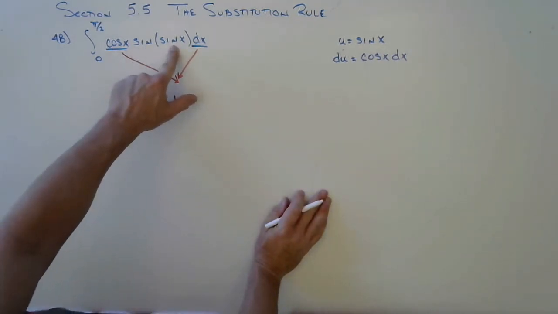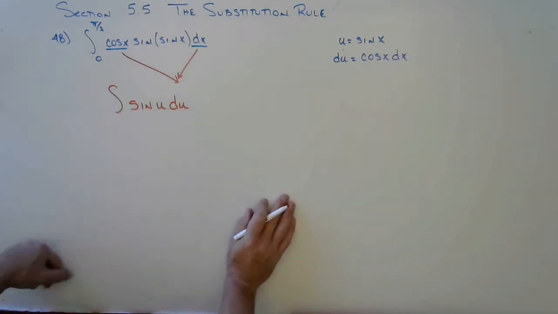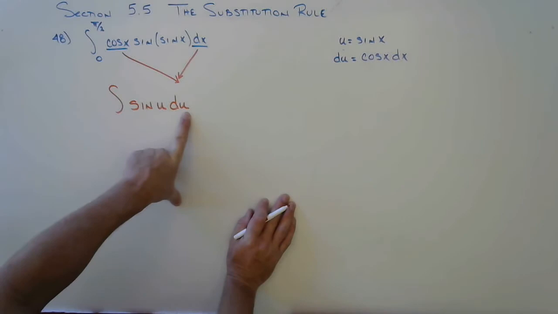Now, here's where things get important when it comes to definite integrals and u-substitutions. All right? So you're going to want to pay particular attention here. Take good notes. My variable is now u. Right? My variable is now u.